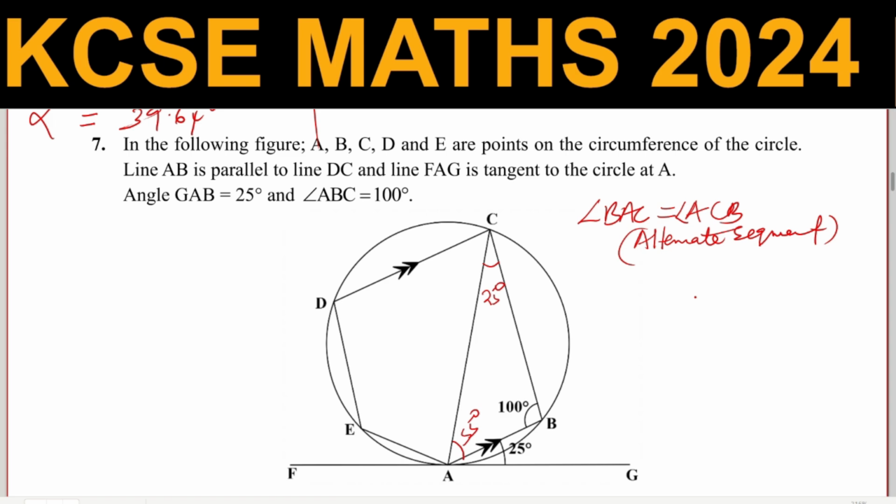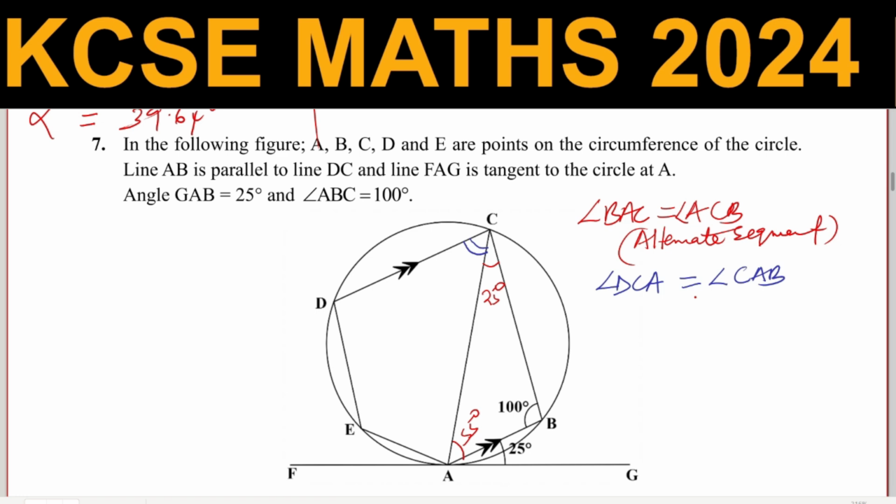Again, look at this angle here. There's an angle here, that is angle DCA. So angle DCA is equal to angle CAB. These are not vertically opposite, but alternate angles on a transversal.